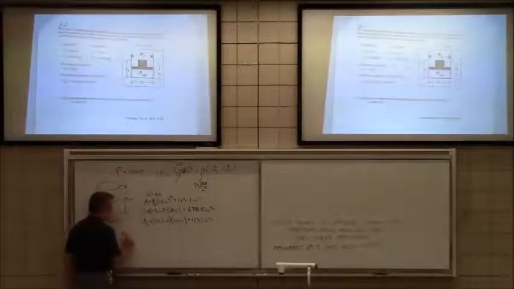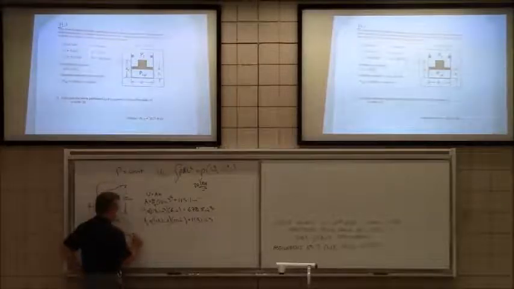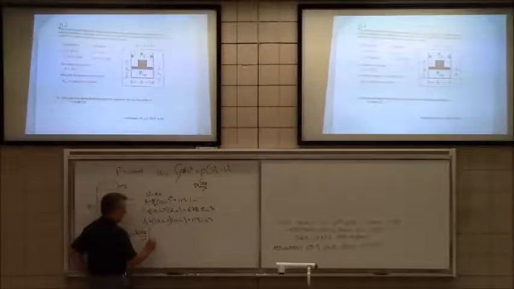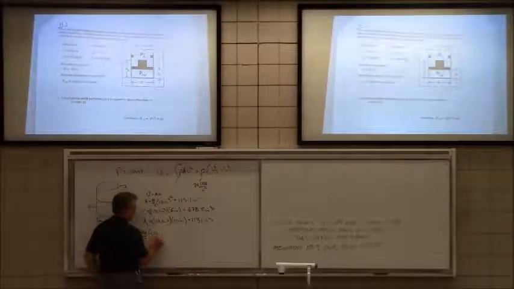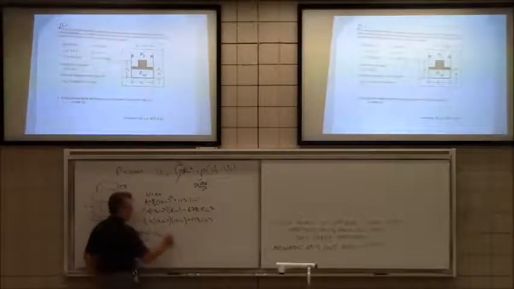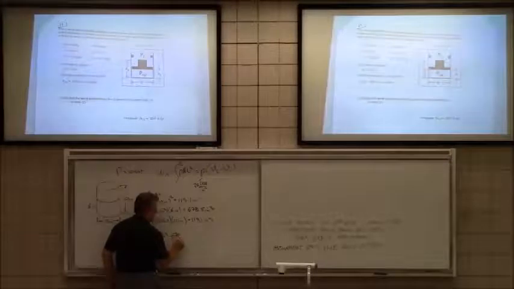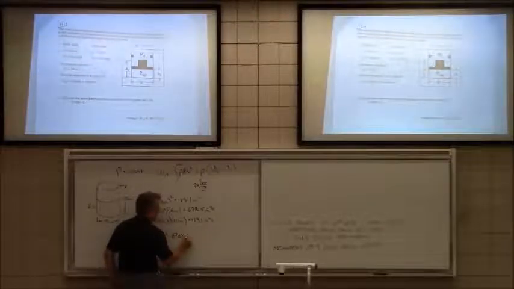So the work from 1 to 2 is going to be 20 pounds force per inch squared times my final volume, which is 1131 inches cubed minus 678.5 inches cubed.